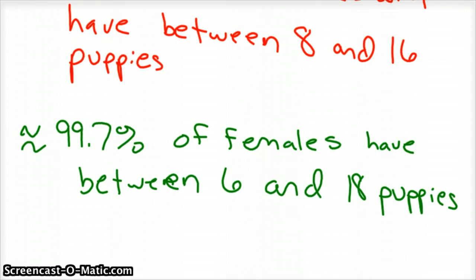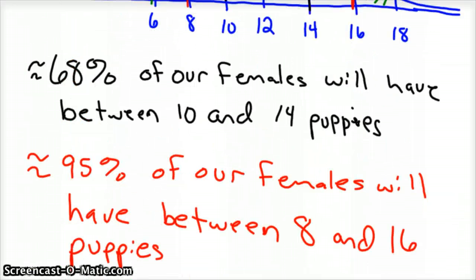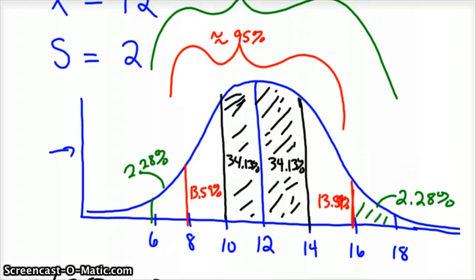Now, the beauty of a normal distribution is if you know the data is distributed normally with this bell-shaped curve, those 3 rules always work. So about 68.2% for 1 standard deviation away from the mean, around 95% for 2 standard deviations.